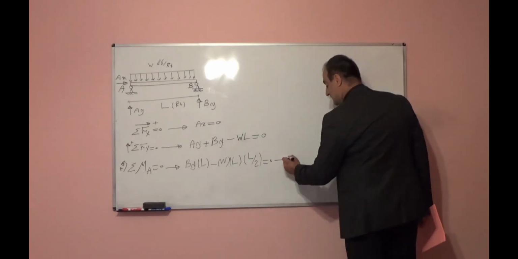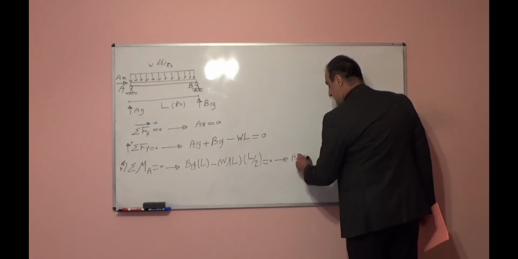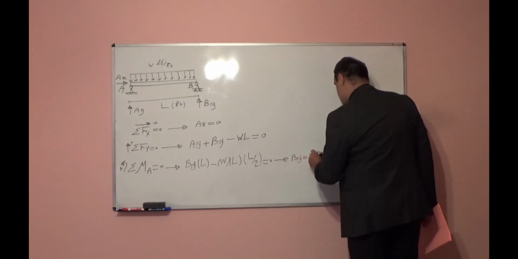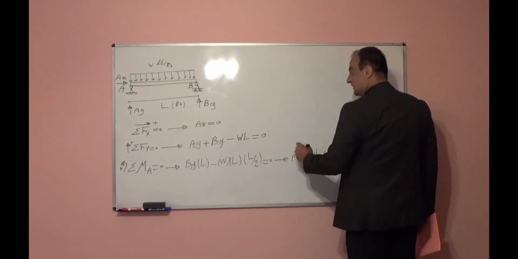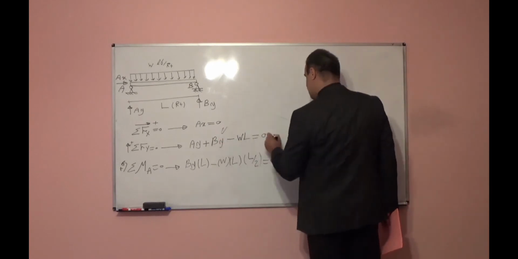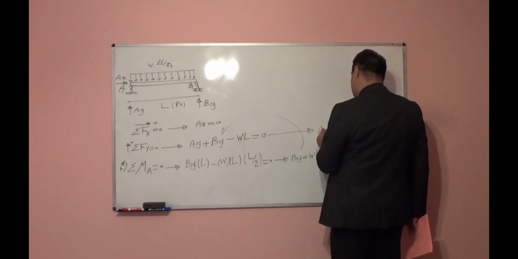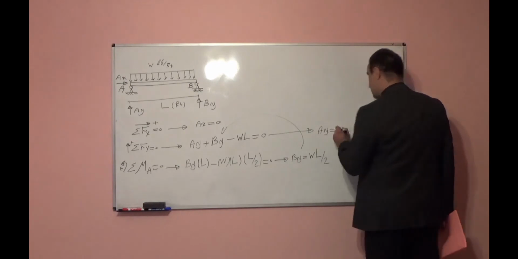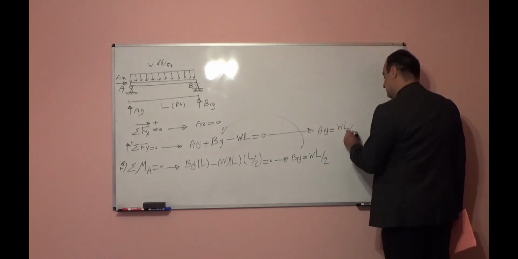From here, I can find BY is equal to WL over 2. If I plug here, I will find AY is again equal to WL over 2.